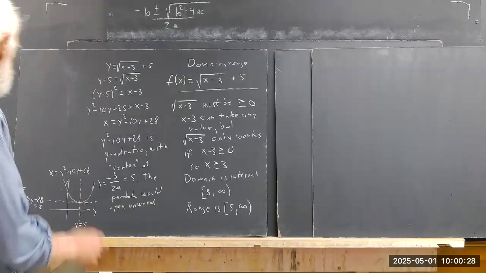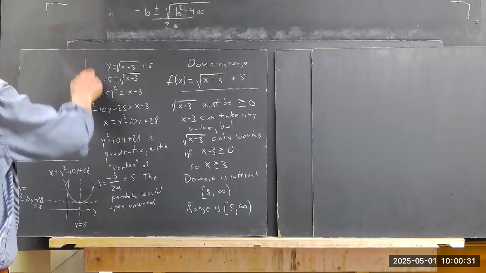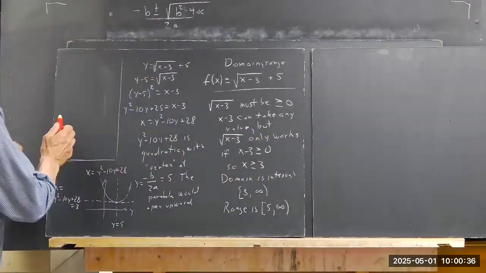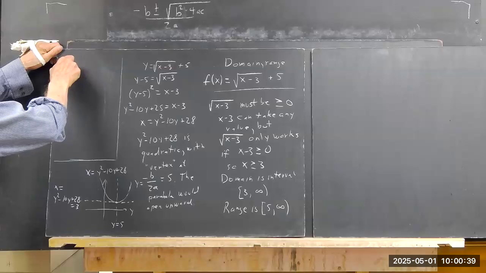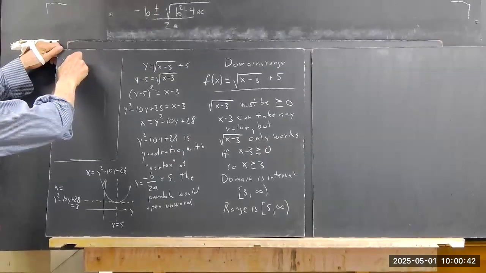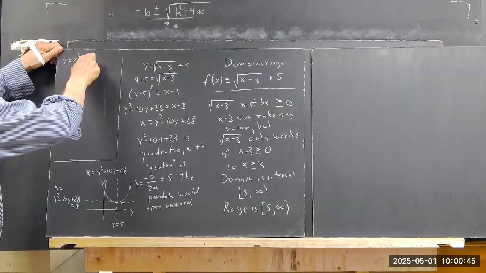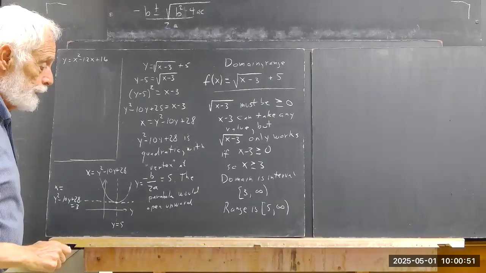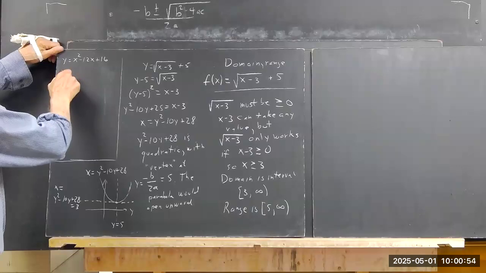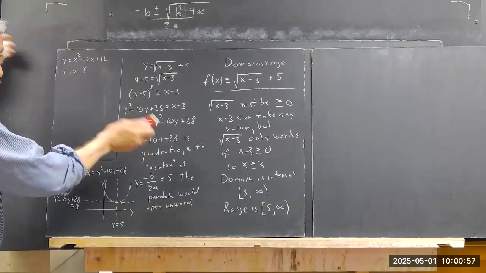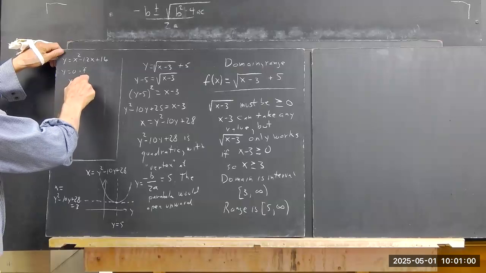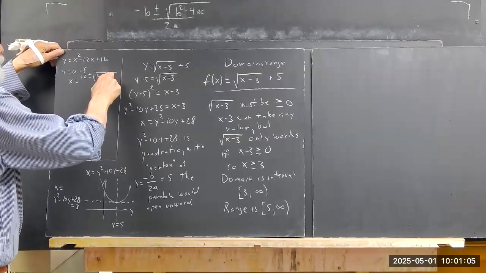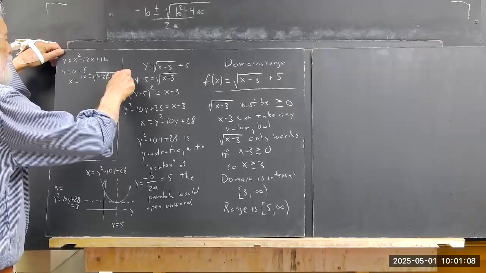So take this example for what it's worth. Just to flesh it out a little bit, if we have minus 12x plus 16, by the quadratic formula, y equals 0 if x equals 12 plus or minus the square root of negative 12 squared minus 4 times 1 times 16.